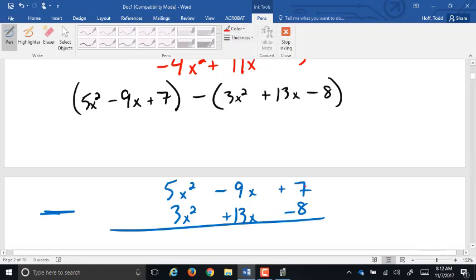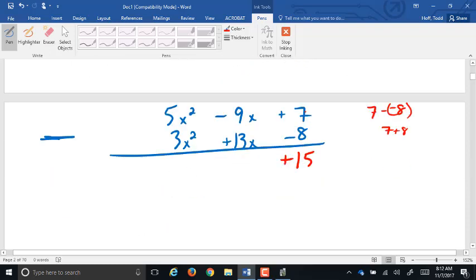So 7 minus a negative 8. 7 minus a negative 8 is 7 plus 8, right? So it is positive 15. Negative 9 minus 13. Notice I'm writing them off to the side. I tend to do that so I can keep track. So it becomes negative 9 plus a negative 13, which is negative 22x. 5 minus 3, we can do that one. 2x squared.